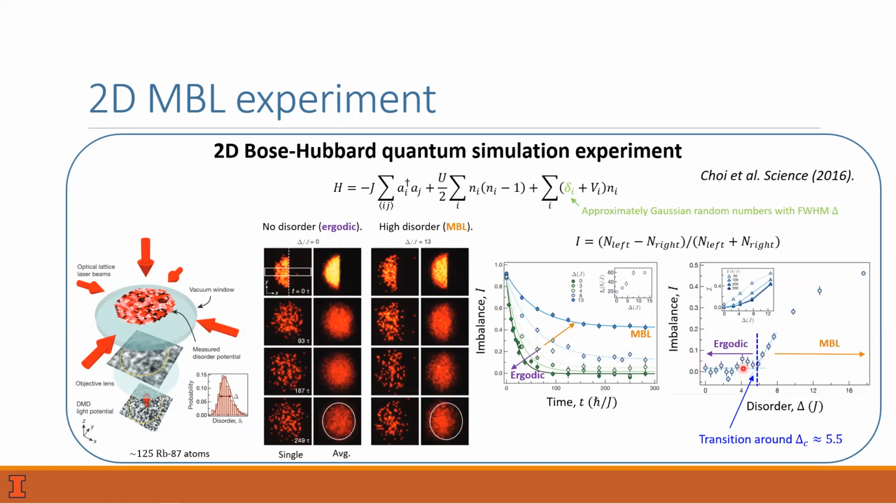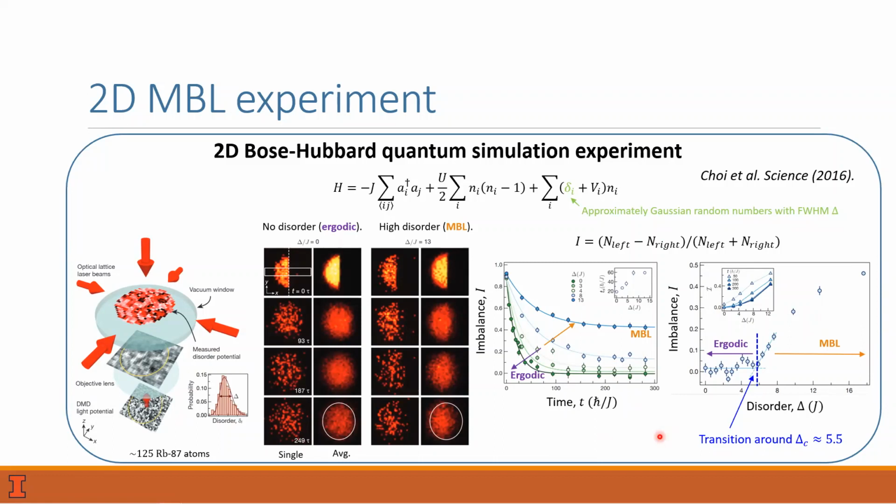So they thought this is the ergodic regime. And above this disorder strength, the system imbalance is non-zero at late times. And they said this is the MBL regime. So they claim to observe a transition between ergodic and MBL behavior in this 2D interacting system.